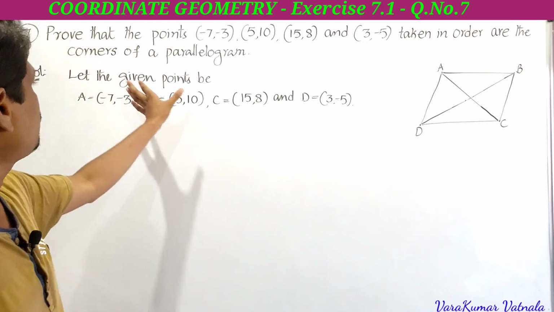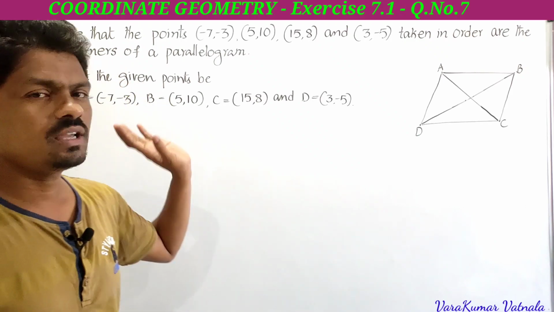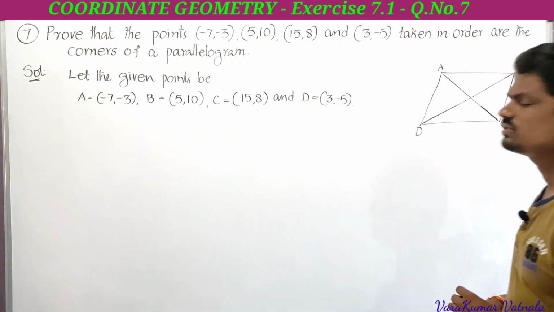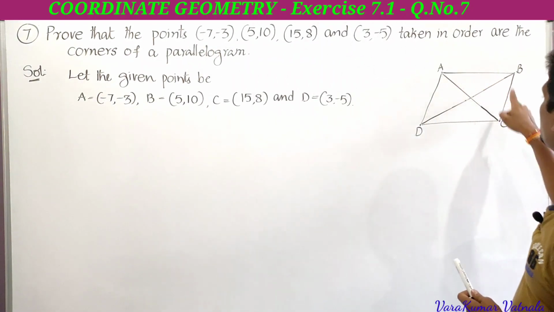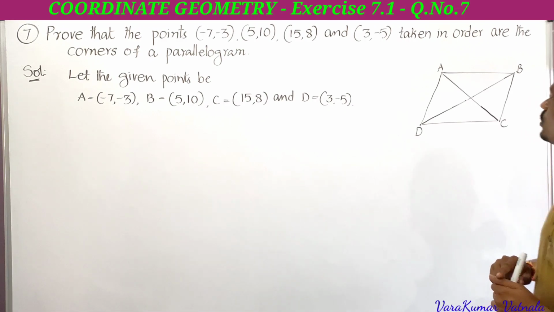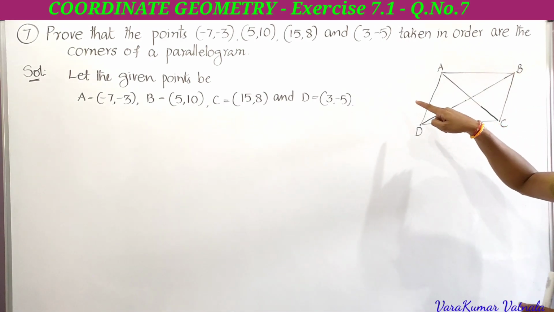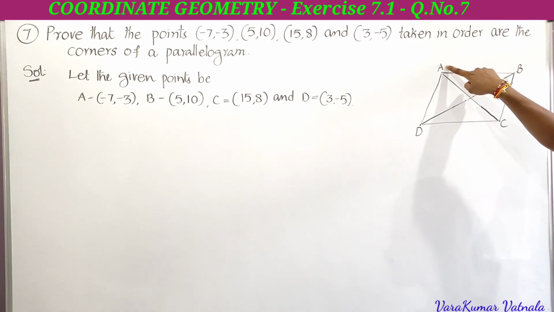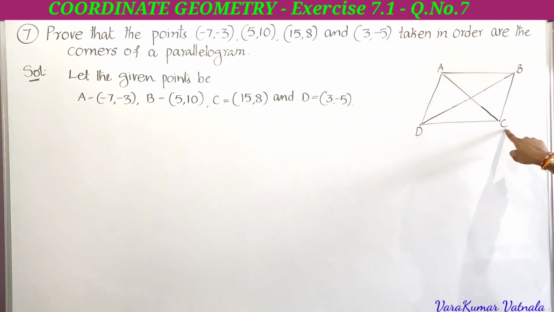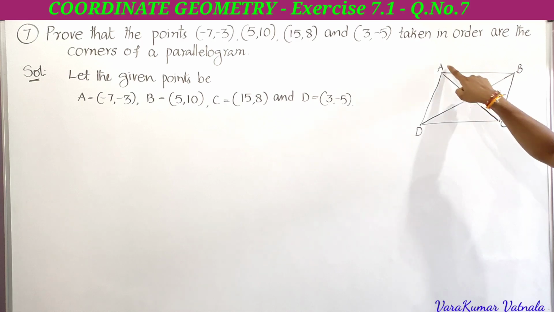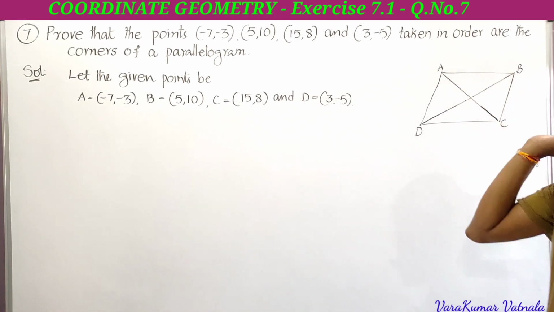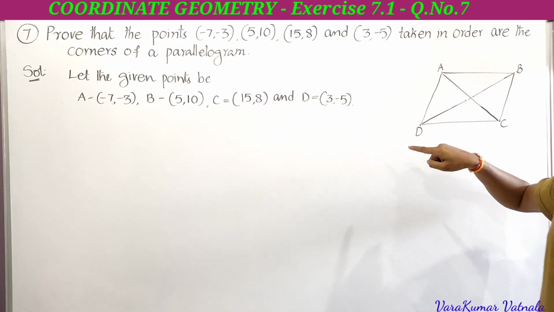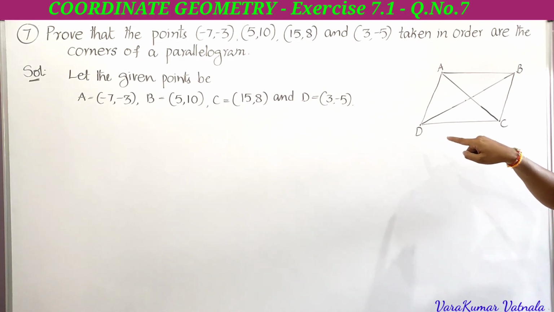So let the given points be A, B, C, D. He is asking to take them in order, so that is very, very important. See here it is a parallelogram, so either you have to take clockwise or anti-clockwise. You have to follow the circular path, either clockwise or anti-clockwise.